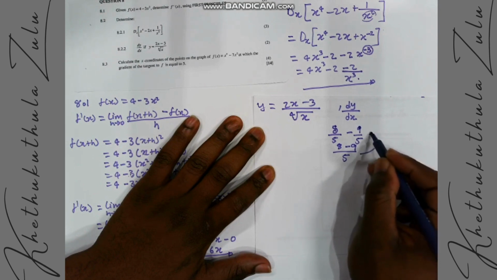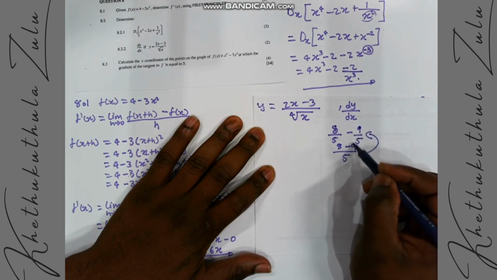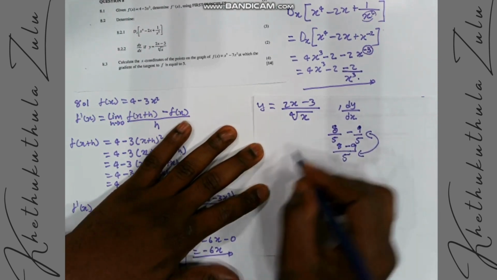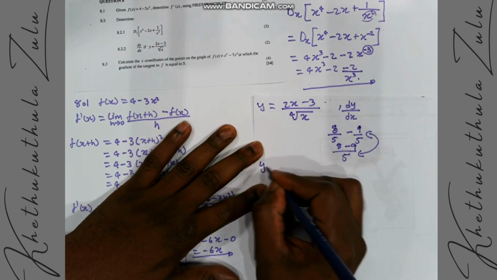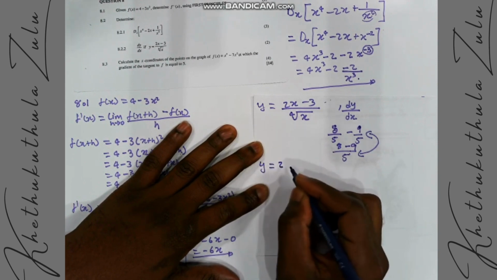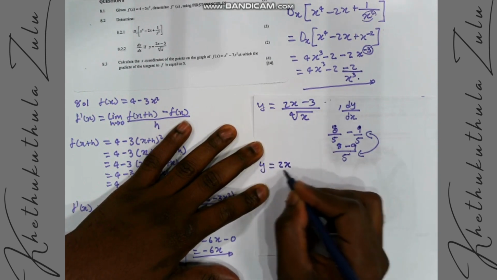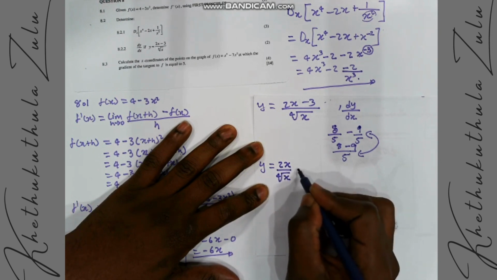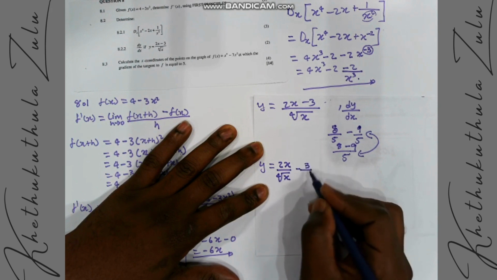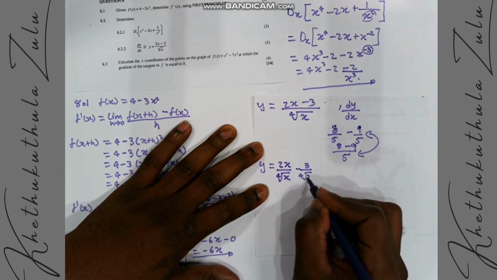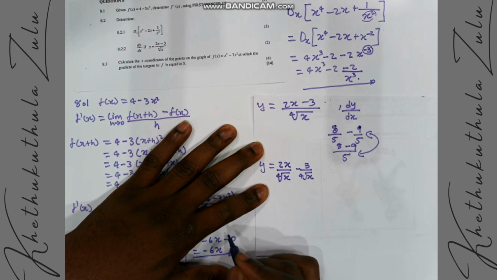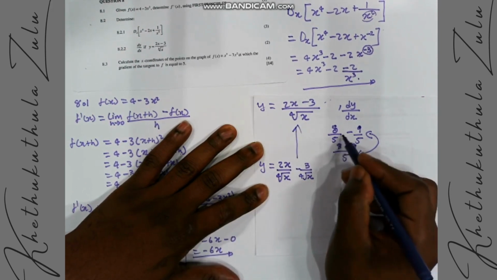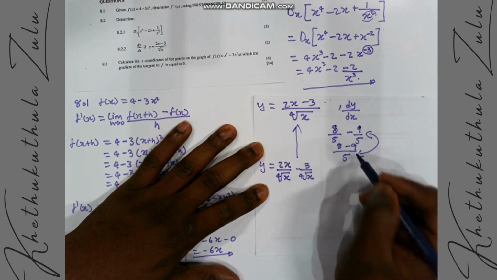So I'm just going to do the same thing as this, since this is the same as this here, by just saying y is equal to 2x all over the fourth root of x minus 3 into the fourth root of x. This is just the same as this, as also this is just the same as this.